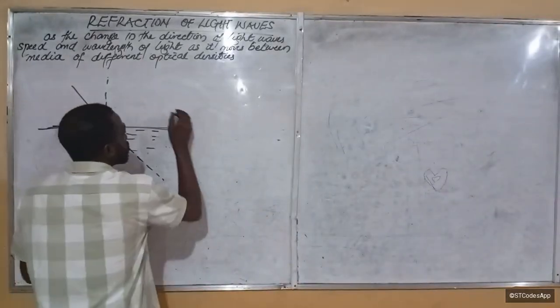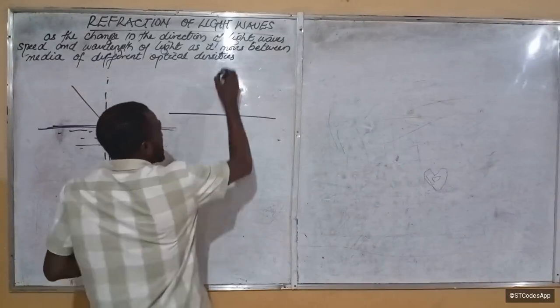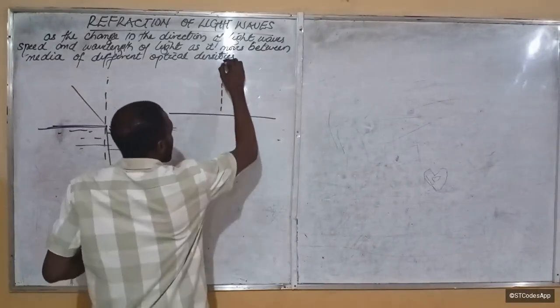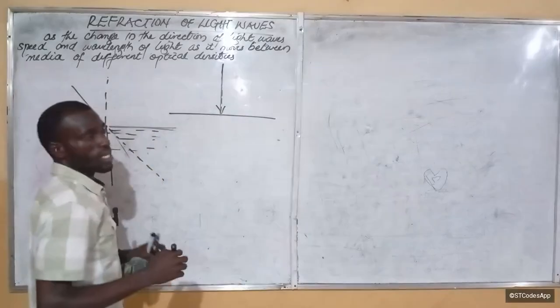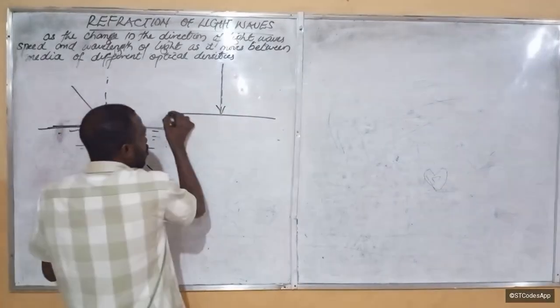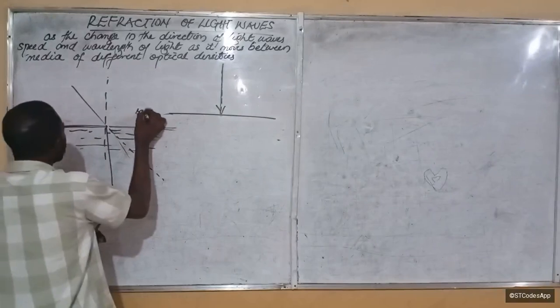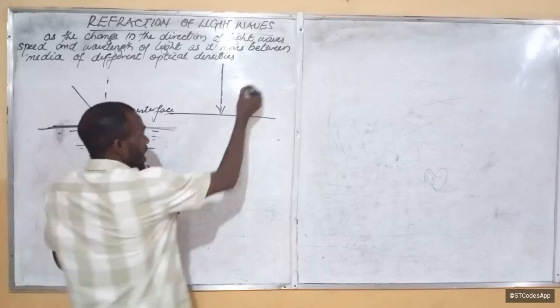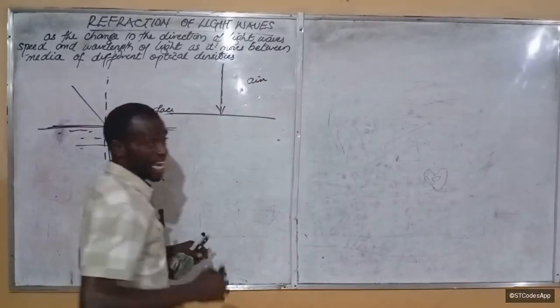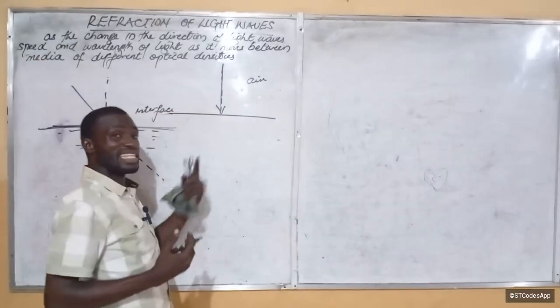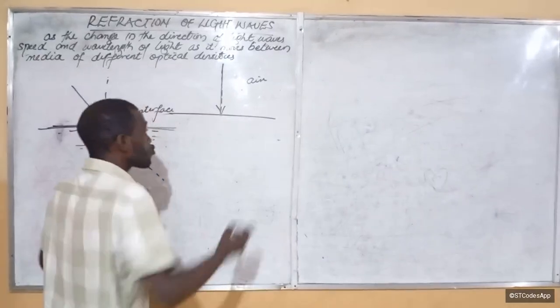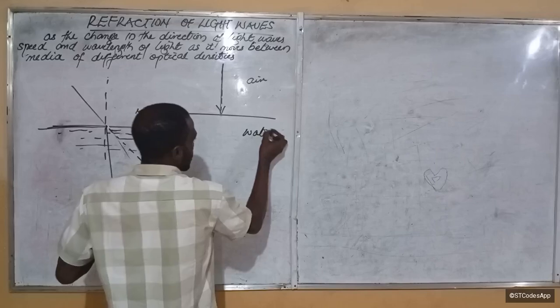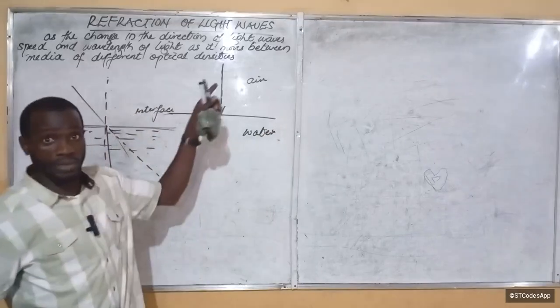But if the incident ray were going in a straight downward direction, what will happen is this. The moment it crosses this interface, remember, this is not a solid surface. This is the interface between, say, air, an optically less dense medium, and water, an optically denser medium than air.